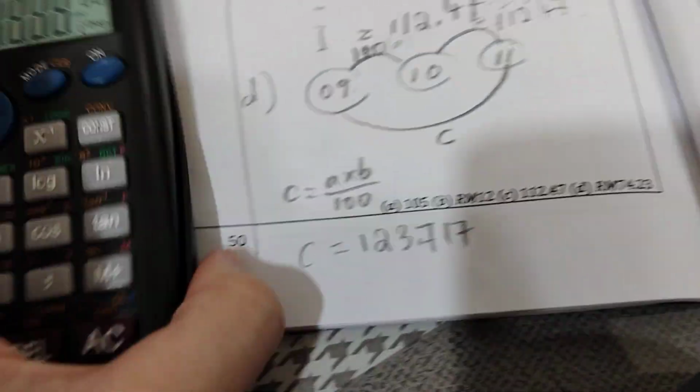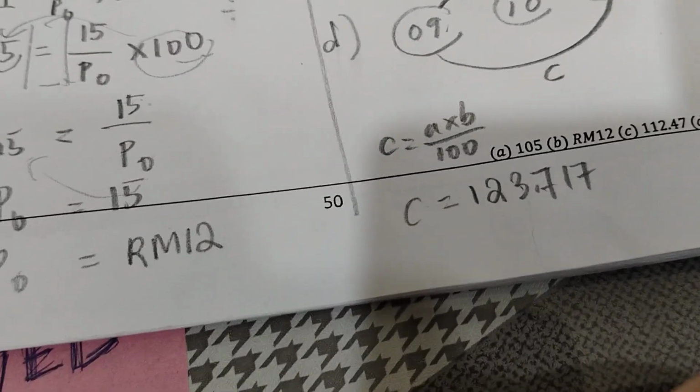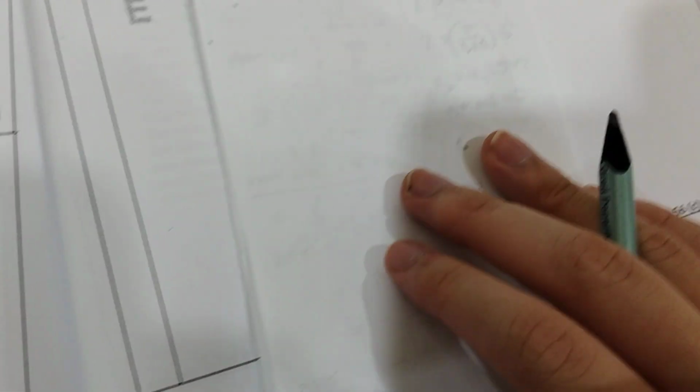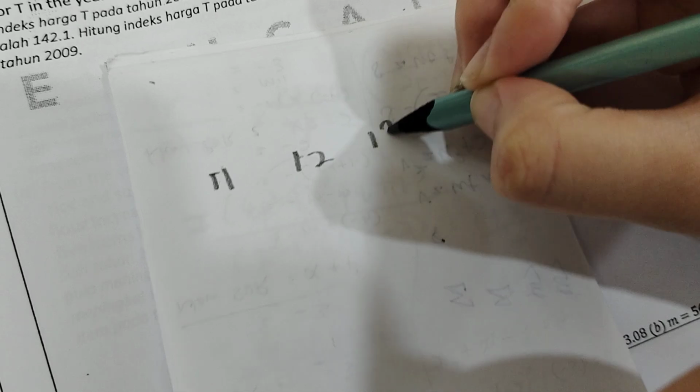Then I need to find it all the way to 2013. So I actually run out of space. So I'm going to try and solve this on a different piece of paper. So solving this, now we have 2011, 12, 13.